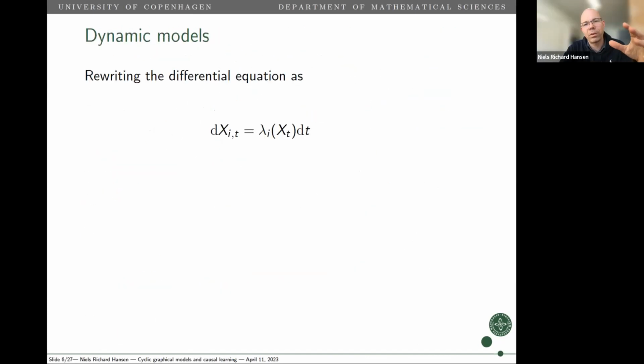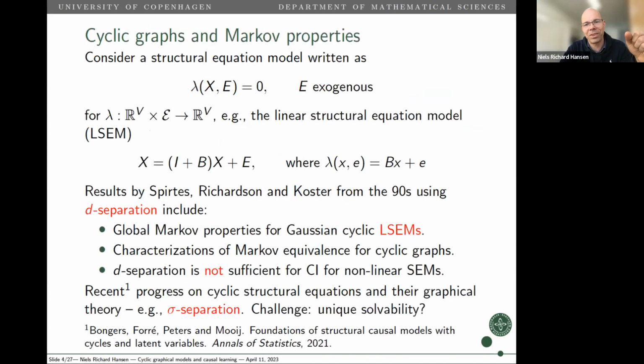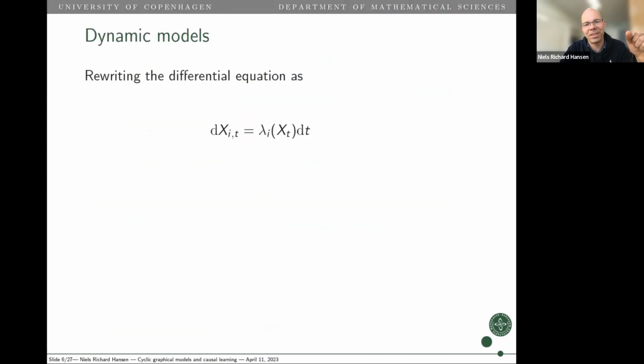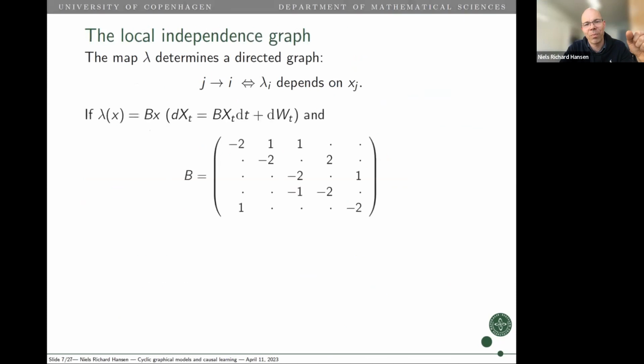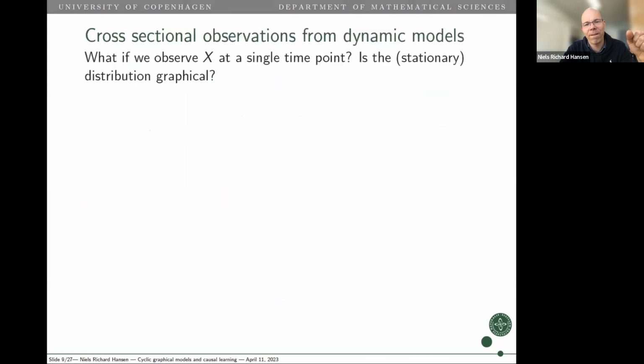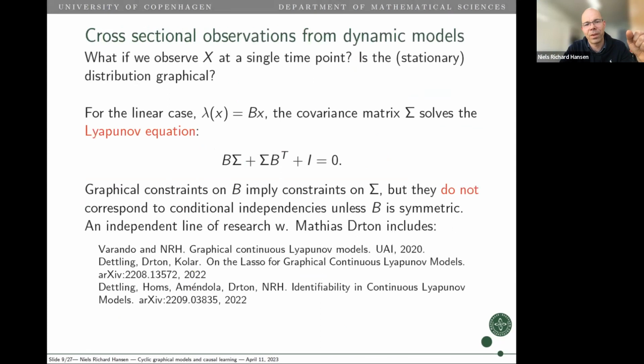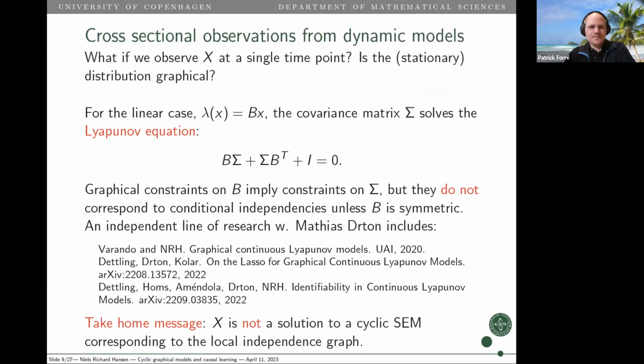Oh, yeah, okay. Now I clicked too many times on going back here. Let's see. Here we go. And for that equilibrium distribution, or stationary distribution, it's fairly clear that the local independence graph implies some constraints on that distribution. But the general story is that these constraints are not conditional independence constraints.